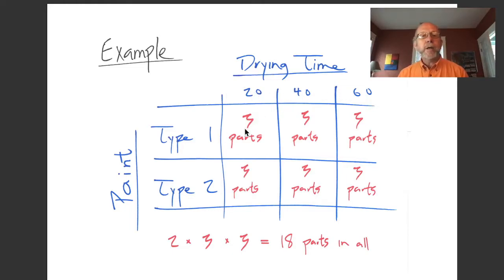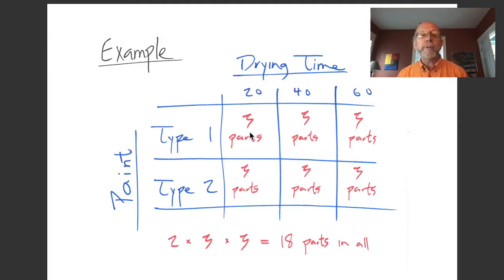And so in each of those scenarios, type 1 for 20 minutes, you have three parts. Type 1 for 40 minutes, you have three more parts, and so on. And so the experiment really has six different scenarios, six different treatments.